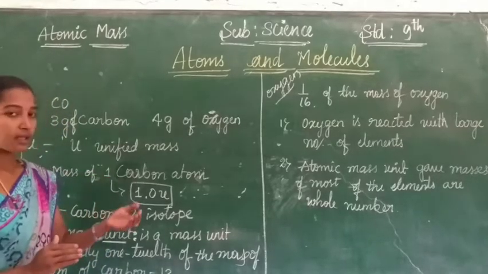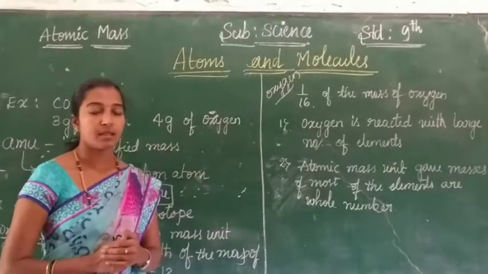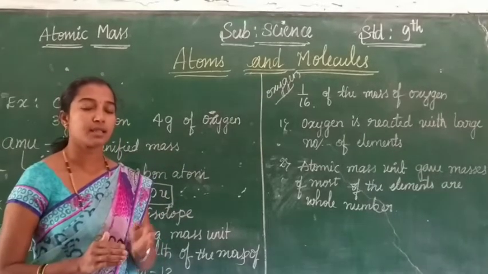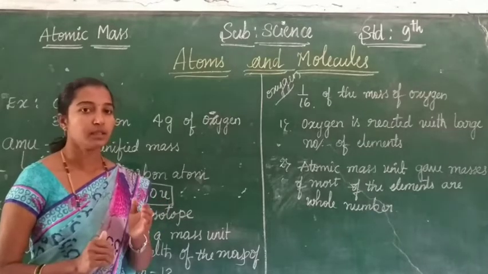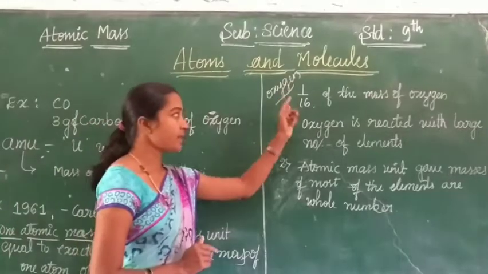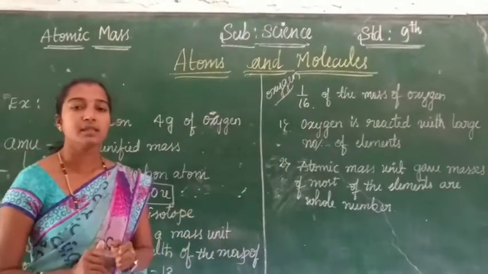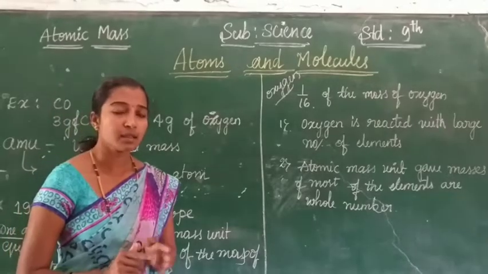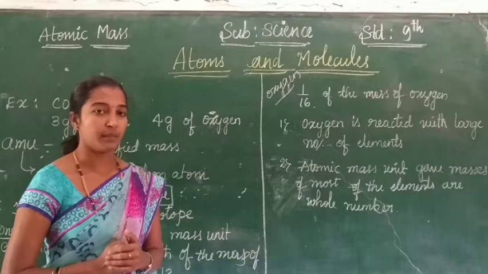And basically, he took oxygen as a reference. Oxygen mass is taken as a standard unit to represent the atomic mass of the elements. And that is defined as 1/16th of the mass of the oxygen. It is used as a unit to represent the atomic mass of an element.